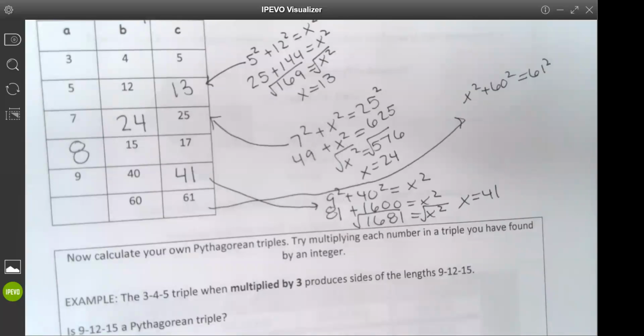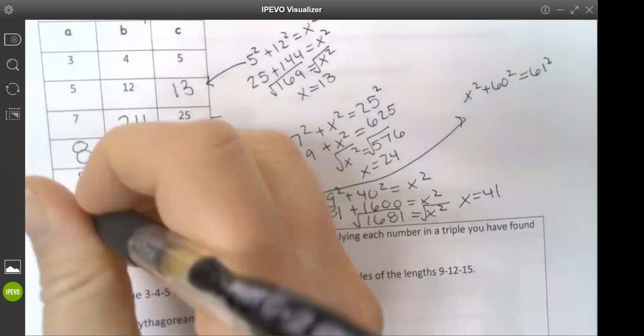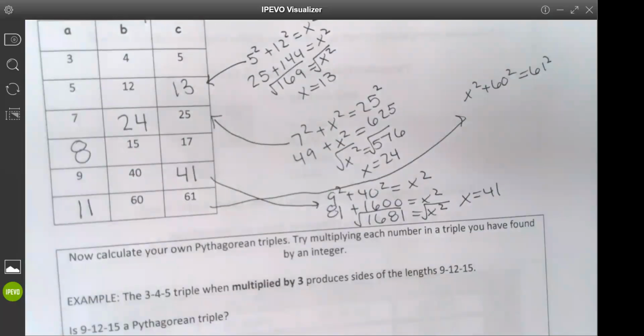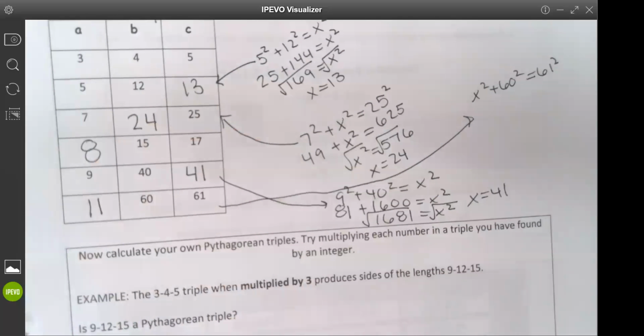Yell it out if you know it. 11. Yep, agreed.